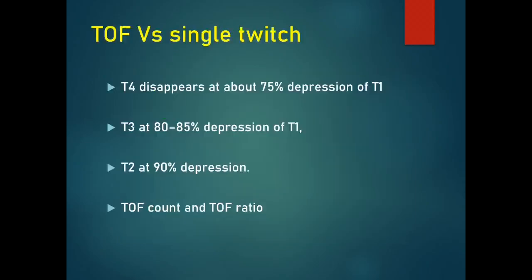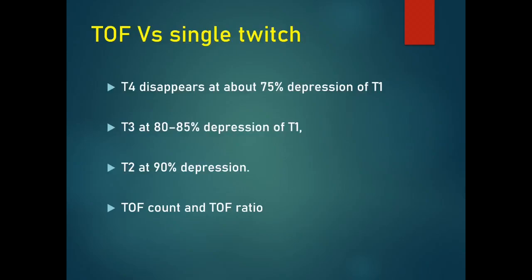Now we should know the difference between train of 4 versus the single twitch. I told you T4 disappears at about 75% depression of T1, or in other words, at least 75% of the receptors have to be occupied by your non-depolarizing agent.